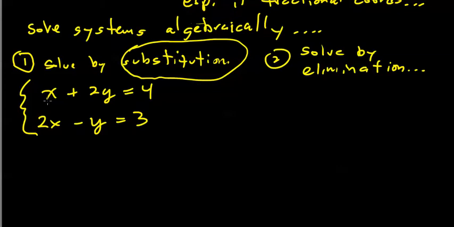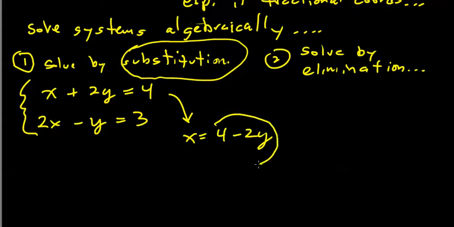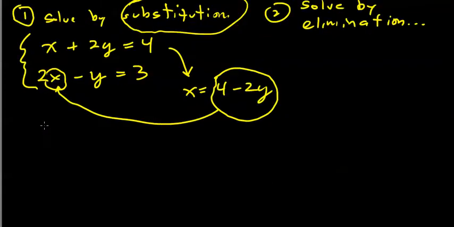If I look at this first equation, x plus 2y equals 4, you can see I can easily solve for x in terms of y. If I take the first equation and solve for x, then I can take this expression for x in terms of y and substitute it into the other equation for my x variable.